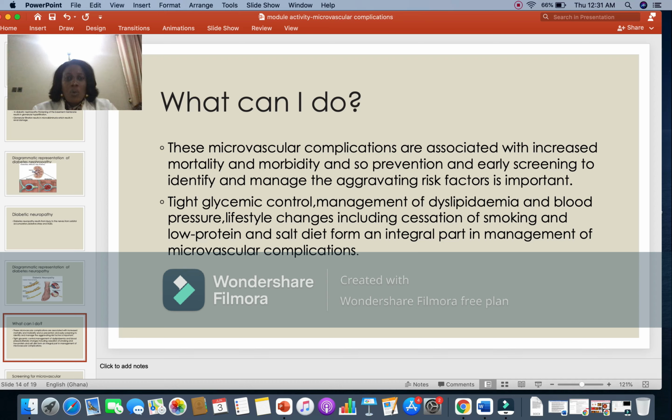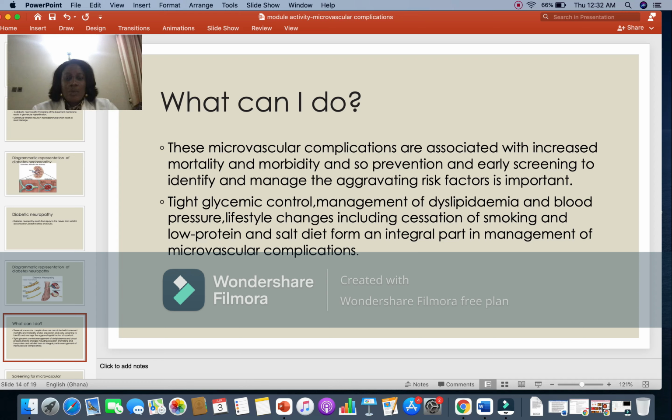Since we now know the pathophysiology surrounding these microvascular complications, it is important to know what to do when these occur. Microvascular complications are associated with increased mortality and morbidity, and so prevention and early screening to identify and manage the aggravating factors is important.